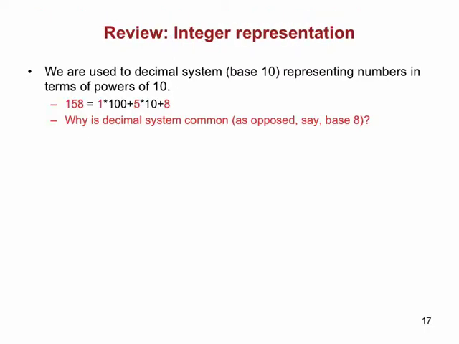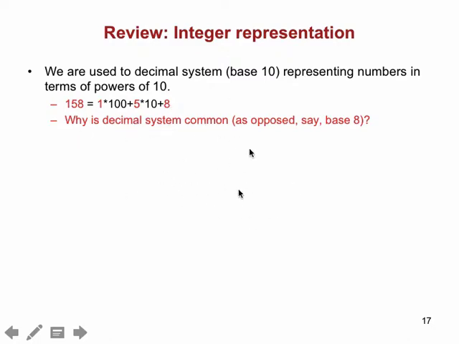All right, so let's quickly review everything that we had in this lecture. We're used to a decimal, base 10 system representation of numbers in terms of powers of 10. So 158 is 1 times 100 plus 5 times 10 plus 8, and that's embedded in our understanding of how to do numbers.